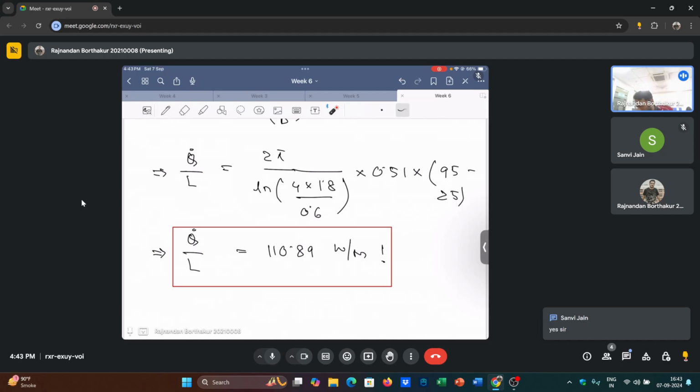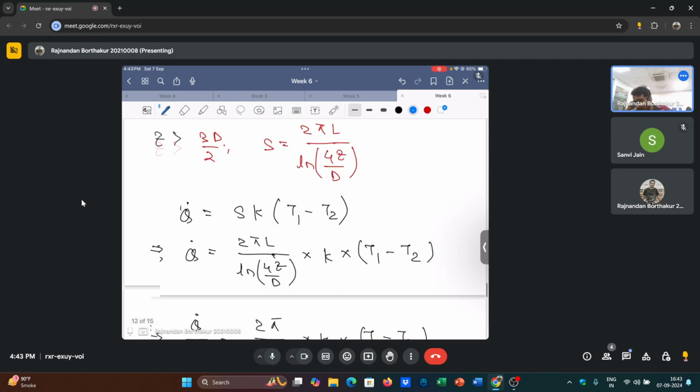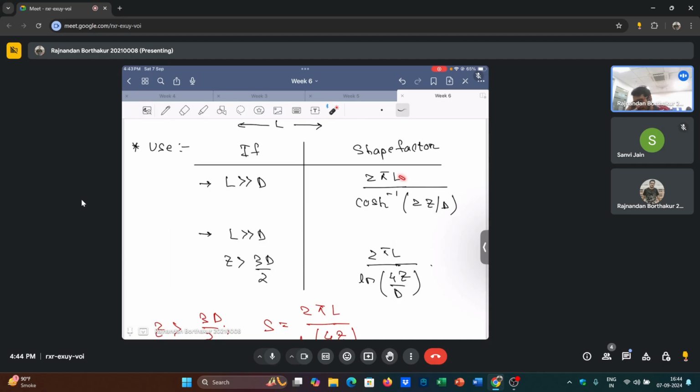Okay, so this is a more practical way of solving a 2D problem using the shape factor. If you look into the textbook of Incropera, in the chapter on two-dimensional conduction heat transfer, and go to the paragraph on the shape factor, you will see that for multiple geometries the expressions of shape factors are defined just like this.